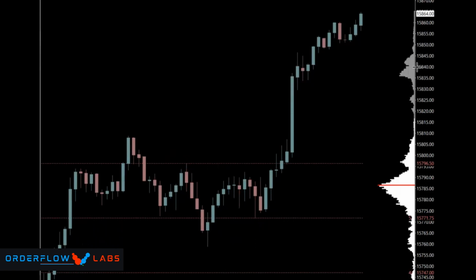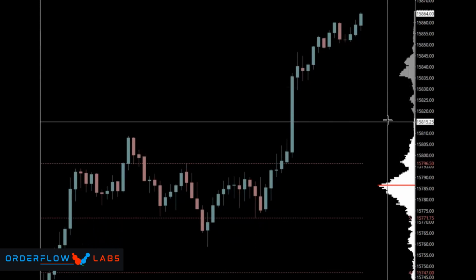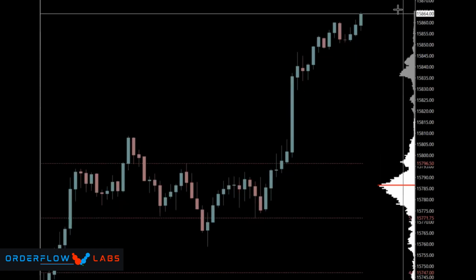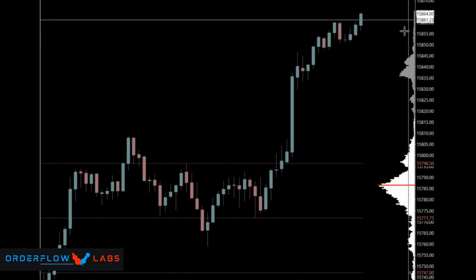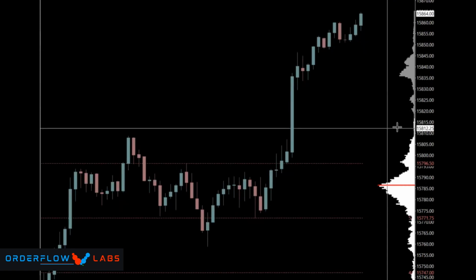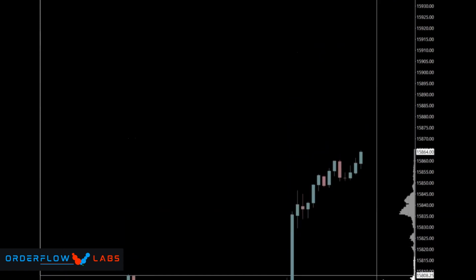If this were to auction below this, then we want to be seeking that auction to be targeting the prior areas of interest, and vice versa. If this were to continue to build volume up here, instead of just having this taper, then we want to respect that and not allow that to gauge our bias.